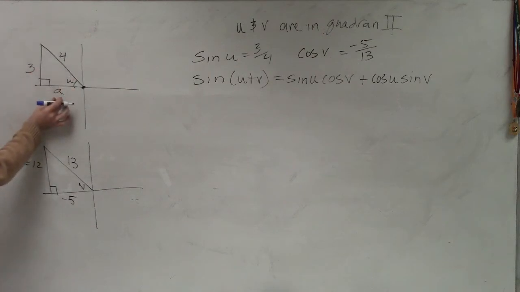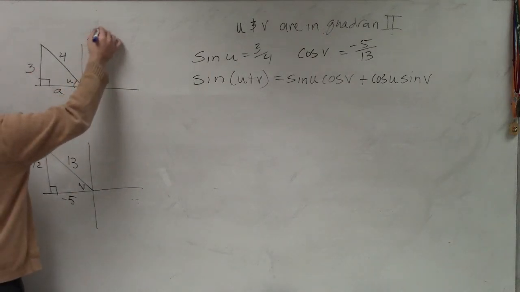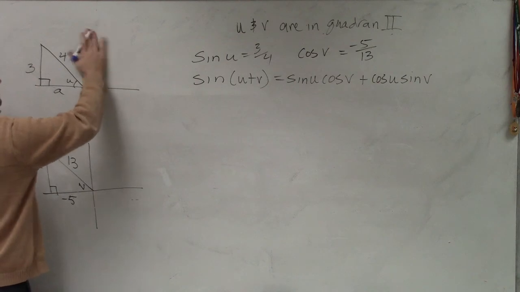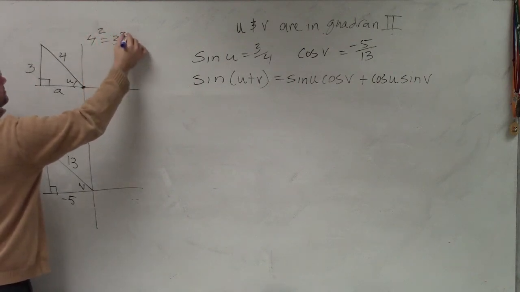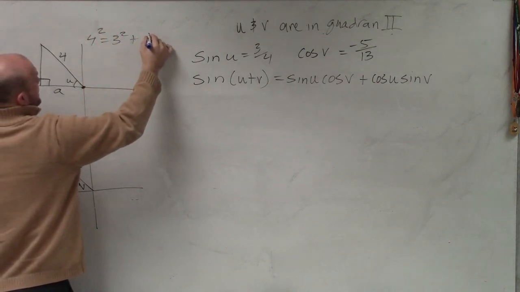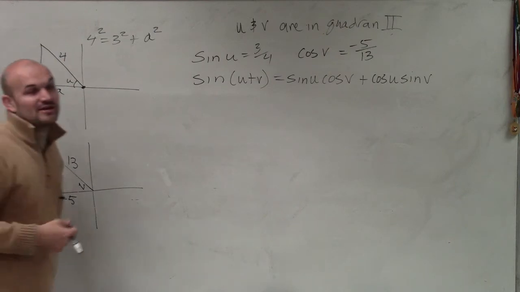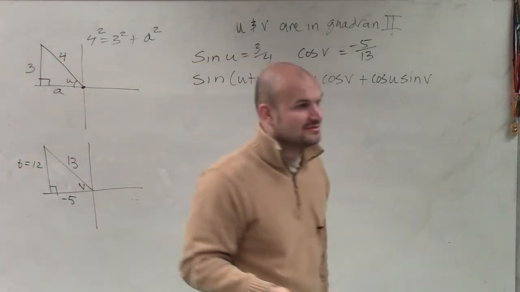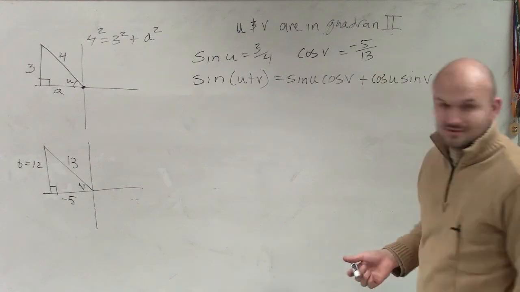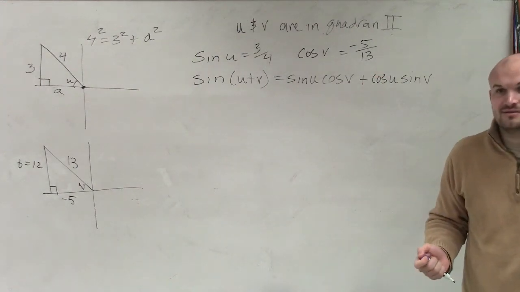This one is not a Pythagorean triple, so I'll do 4 squared equals 3 squared plus a squared. Remembering your triples from geometry class? 3, 4, 5. 5, 12, 13.